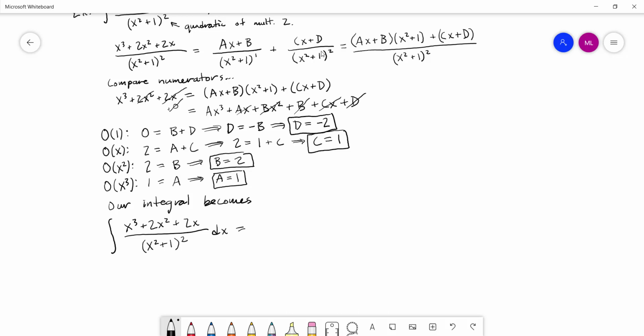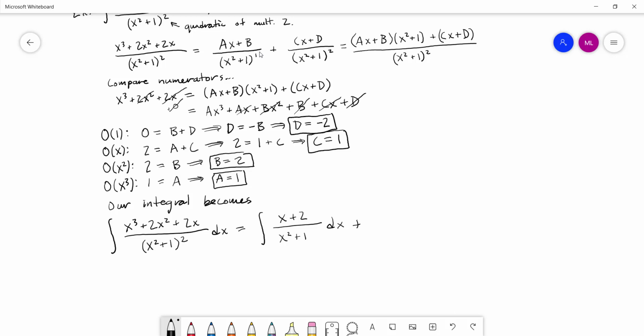And it becomes this, what I've got written right here, with now these values for a, b, c, and d. So we're going to get ax plus b, a is 1, so 1x plus b, b is 2, so x plus 2 over x squared plus 1 dx. That is this piece now accounted for.